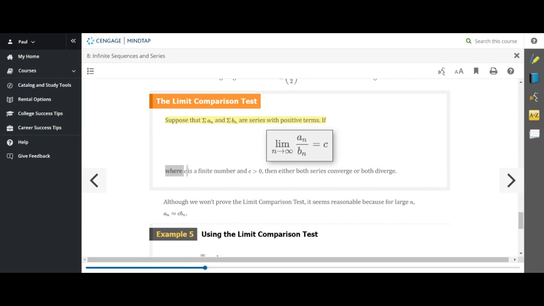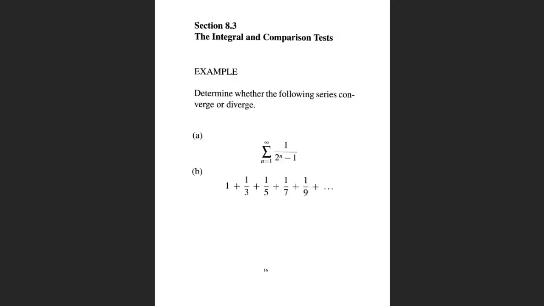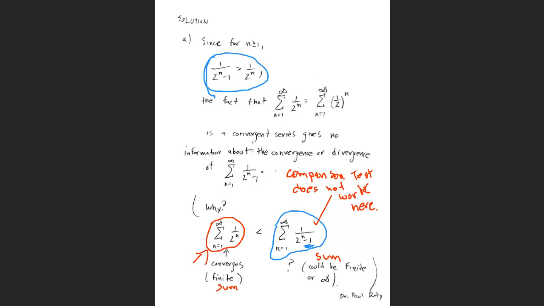Okay, so let's see how this applies to the problem we're looking at. Let me go back to the problem. We're looking at part A, and we saw that the comparison test won't work.